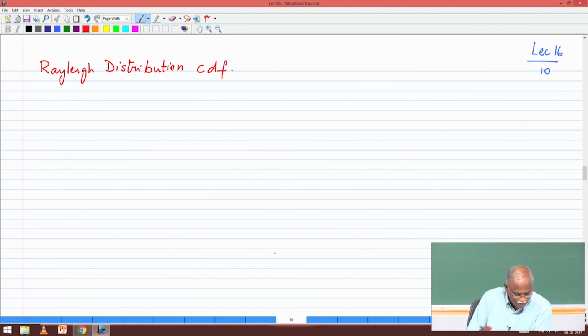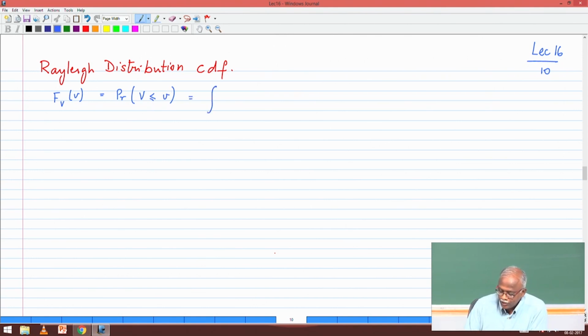So, therefore, we will spend a minute to highlight this. Given the Rayleigh PDF, I want to compute the CDF. So, the Rayleigh CDF, the cumulative distribution function F_V of V, is the probability that the random variable is less than or equal to some threshold value V.